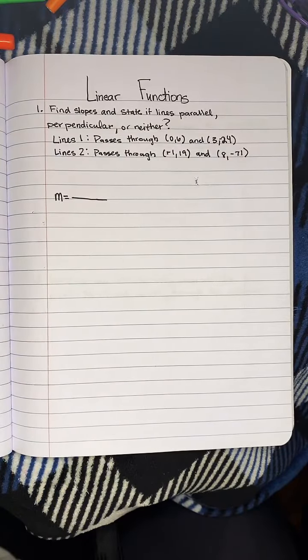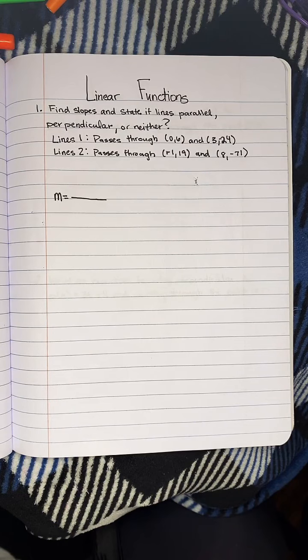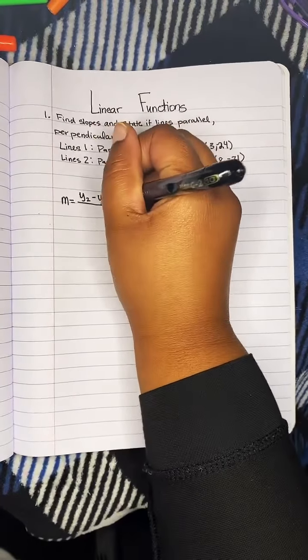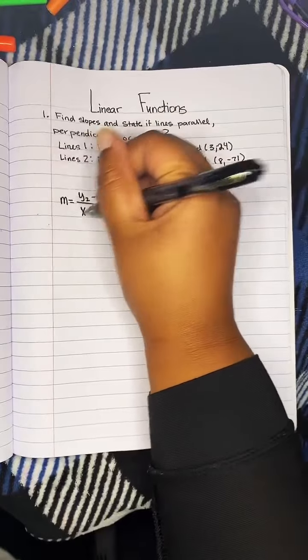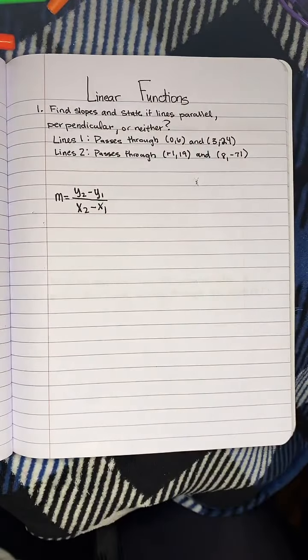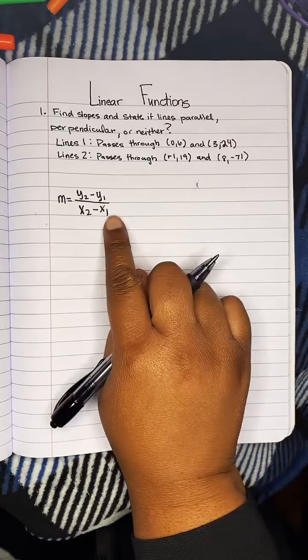I think I'm going to start doing pre-calc here in like 2 weeks. I just have to get some things ordered. Y equals mx plus b, y minus y. Perfect. y2 minus y1 over x2 minus x1. Yes, this is our slope formula.